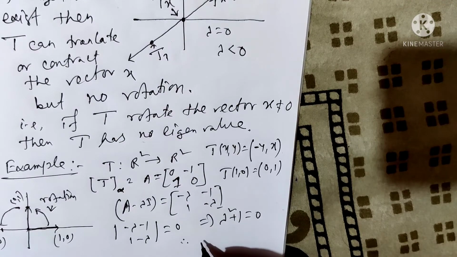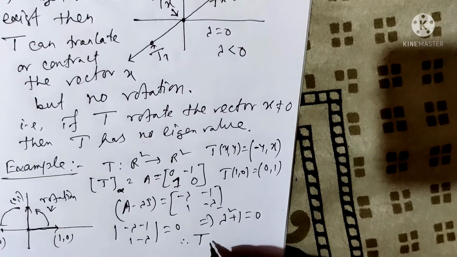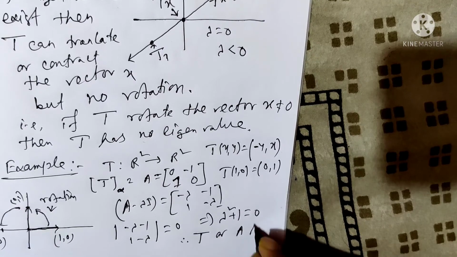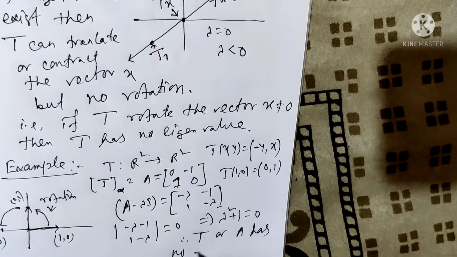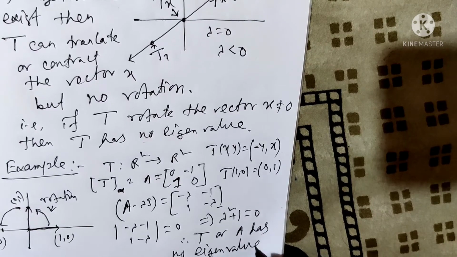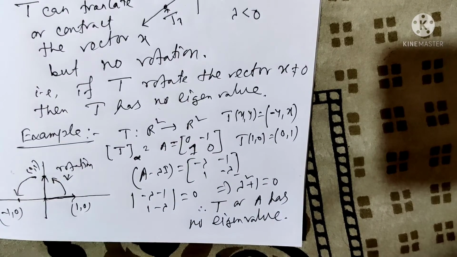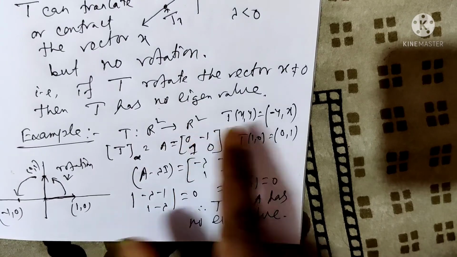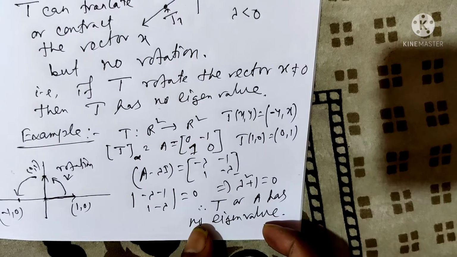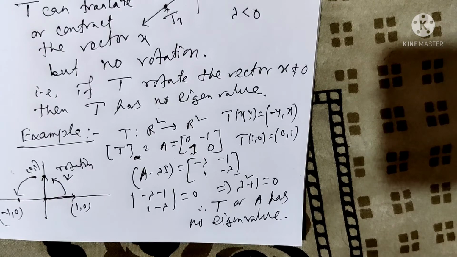Therefore T, or A, has no eigenvalue. Since T rotates the vector from R square to R square by this linear transformation, T has no eigenvalue. In a real field, T has no eigenvalue if T rotates the vector. So only translation or contraction of the mapping can give an eigenvalue.